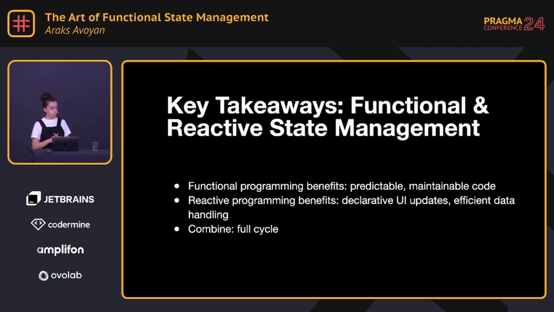Let's recap some key takeaways from functional and reactive programming and their application to state management in iOS apps. We explored how functional programming principles like immutability and pure functions can lead to more predictable and maintainable code. We also saw how reactive programming allows you to manage data streams and UI updates in a declarative and maintainable way, simplifying how our apps react to changes.